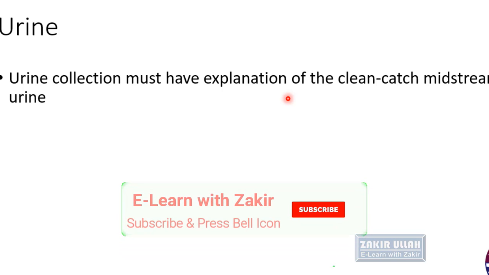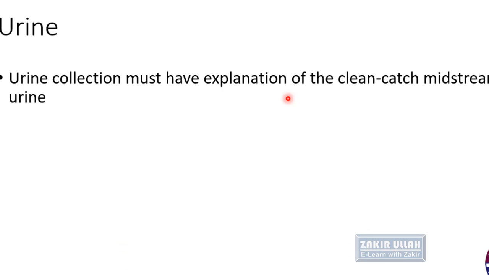The healthcare worker or the laboratory worker should explain how the patient should collect urine. He should explain that the patient should collect the midstream urine and that it should be a clean catch midstream urine.